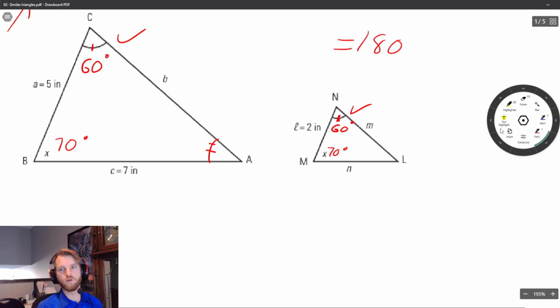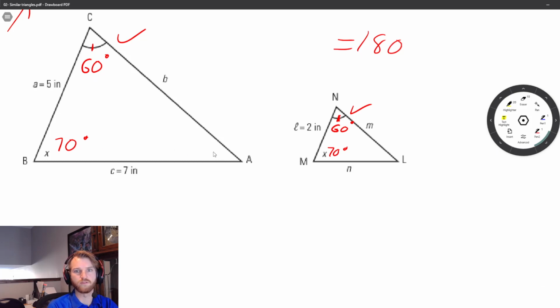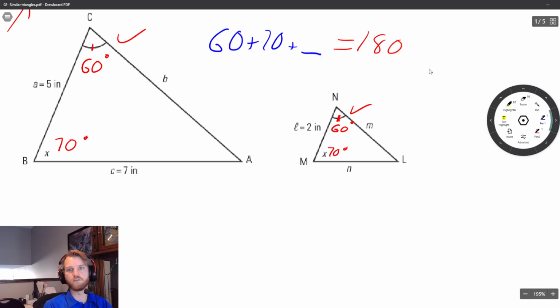Now this angle we don't know anything about, but what we do know is that these three angles together have to add up to 180 degrees. So 60 plus 70 plus this has to add to 180. So 60 plus 70 plus something is going to equal 180.